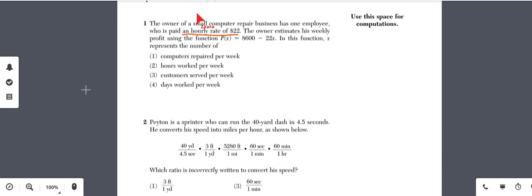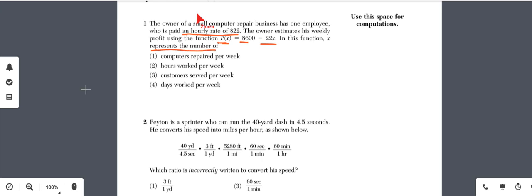The owner estimates his weekly profit using the function p of x equals 8,600 minus 22x. In this function, x represents the number of what?